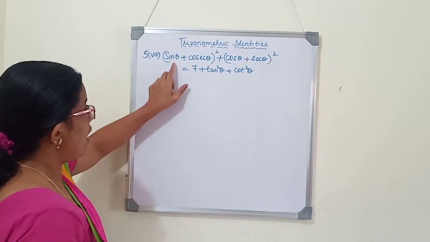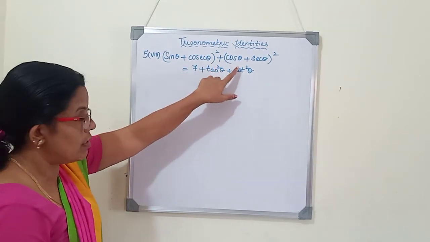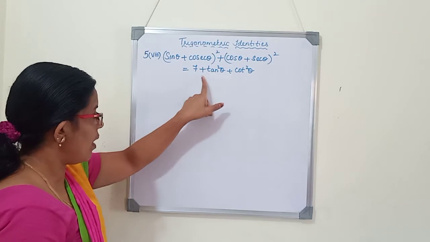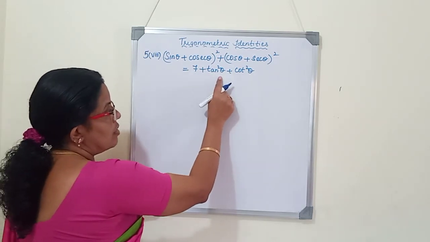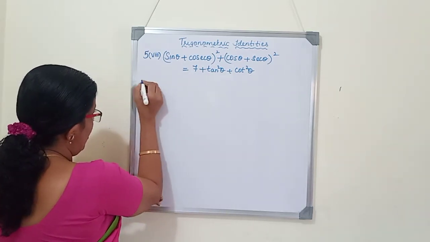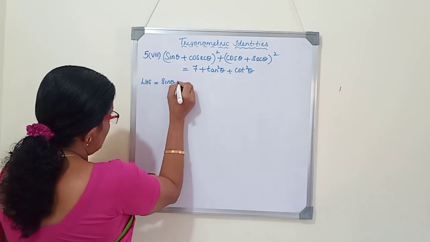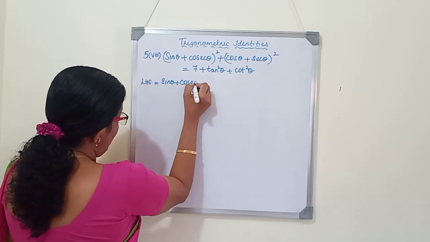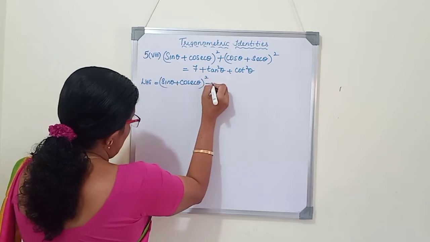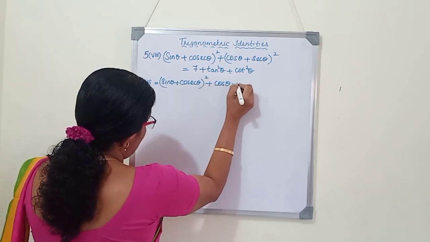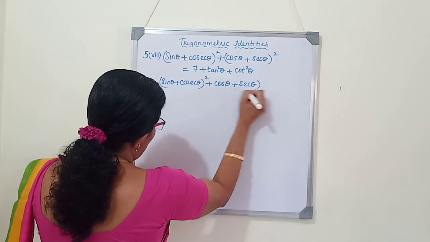So here (sin theta plus cosec theta) the whole square plus (cos theta plus sec theta) the whole square is equal to 7 plus tan square theta plus cot square theta, we have to get. So we'll start from LHS. (Sin theta plus cosec theta) the whole square plus (cos theta plus sec theta) the whole square.